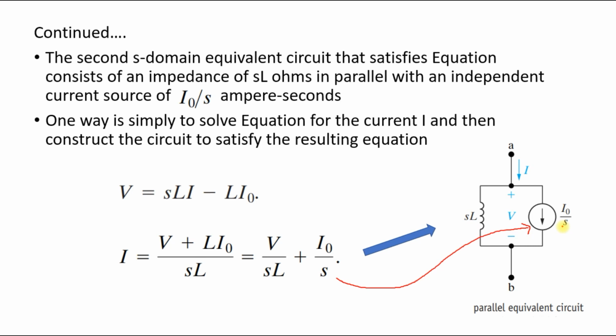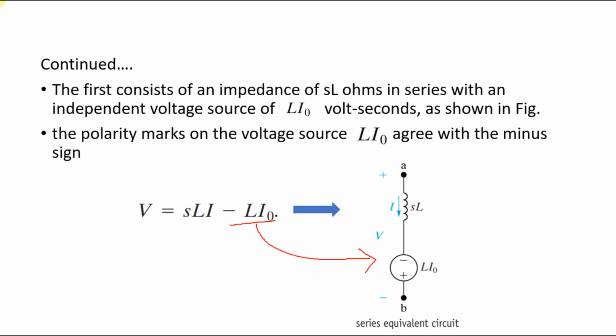It may be either a series equivalent circuit or a parallel equivalent circuit. If they give a problem and I want to find the value of the voltage, then I need to use the series equation or model.